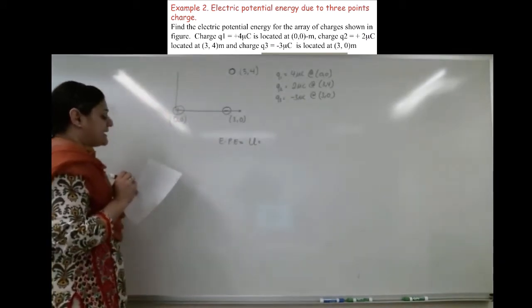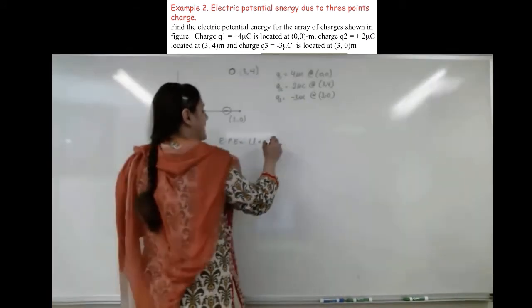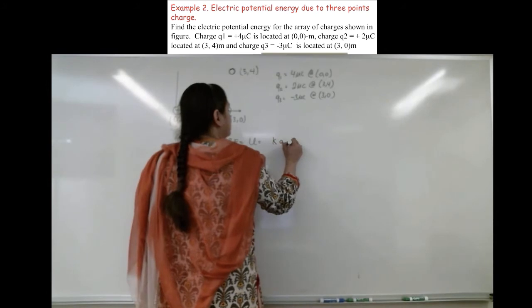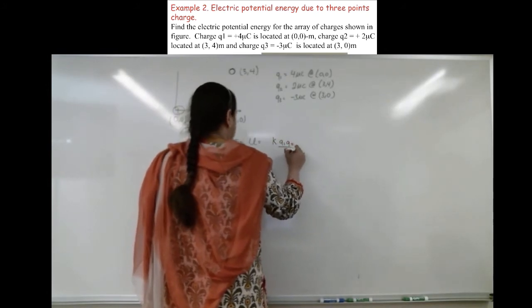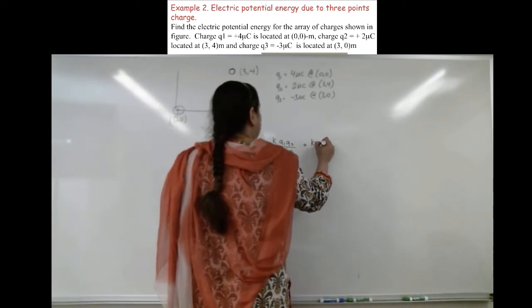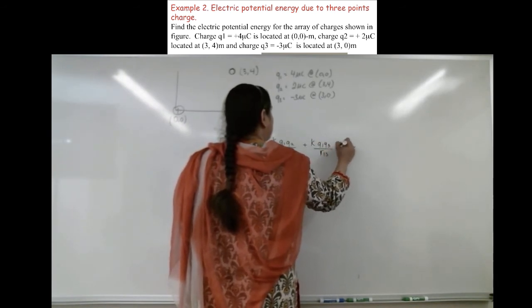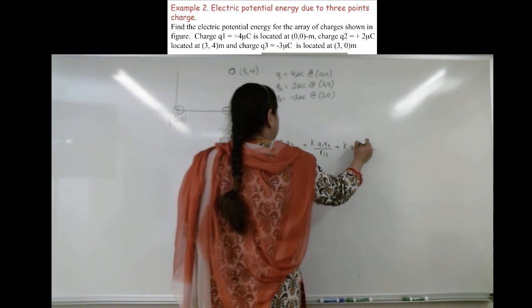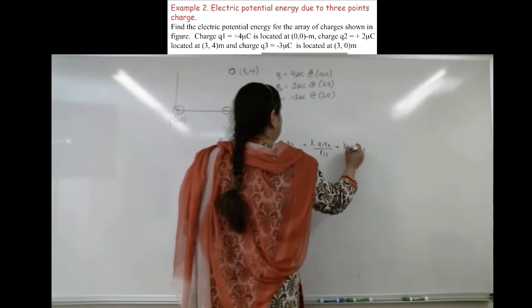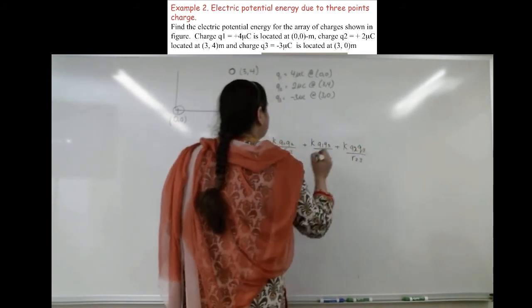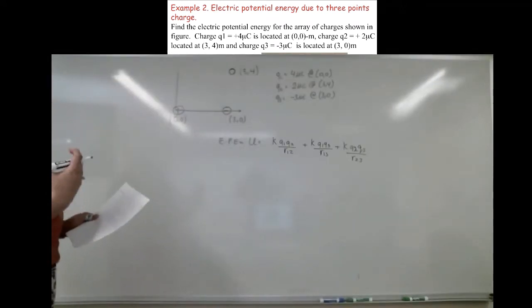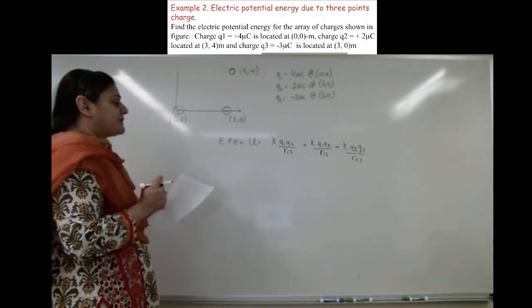We know that for a system of particles, we will have K Q1 Q2 over R12, plus K Q1 Q3 over R13, plus K Q2 Q3 over R23. That will give us the total electrical potential energy for the system.